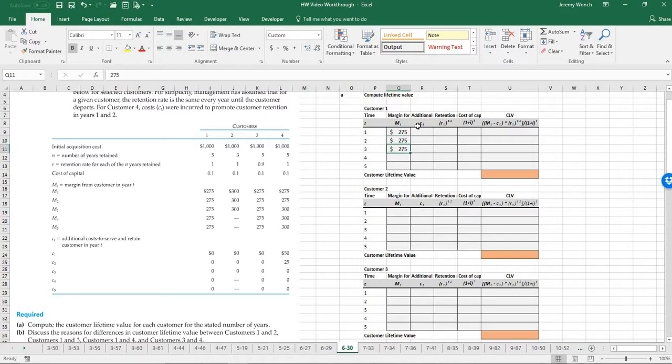So we have customer 1 for all 5 years at a $275 profit margin. They don't have any additional cost to serve, so that's nice.